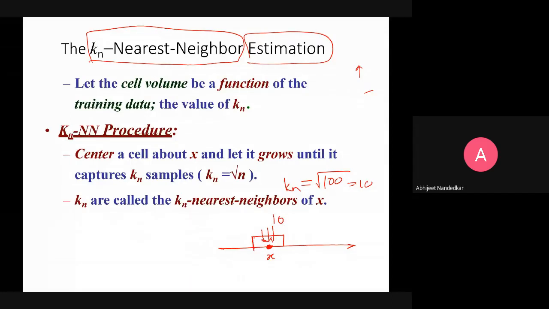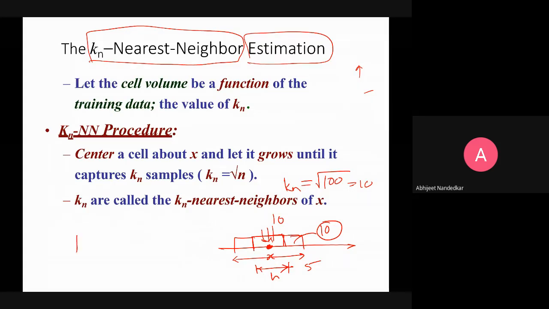If I place it with some initial width h, and I find that there are only 5 samples in this width, then I can increase this window. I will keep on increasing this window till I get 10 samples. That's why the name is K nearest neighbor, where K stands for 10 here. So we are in search of 10 neighbors. To accommodate 10 neighbors, whatever may be the size of the window, we are going to expand it.